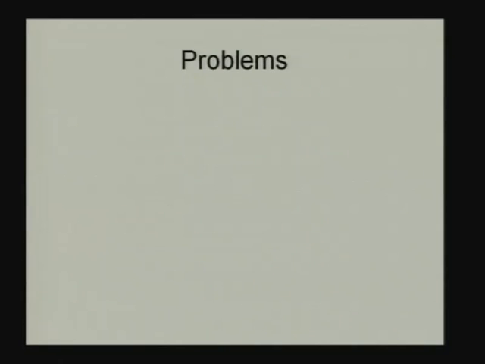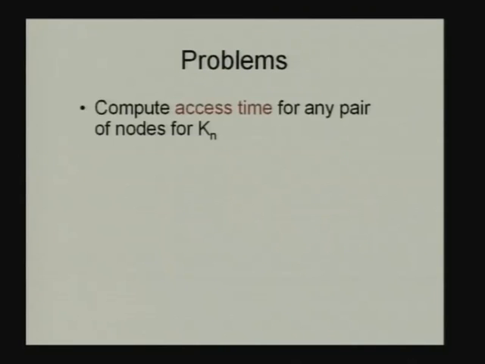So, before we end up, we have some problems. What is the access time for any pair of nodes for a clique with n nodes?